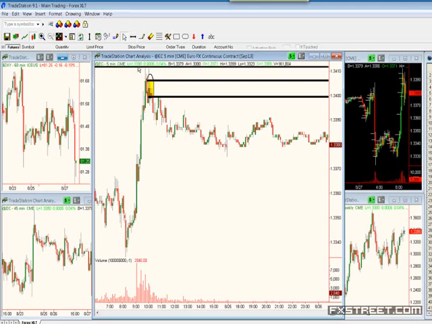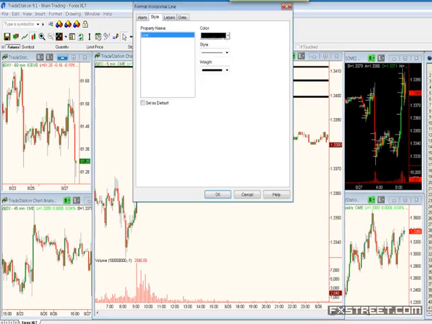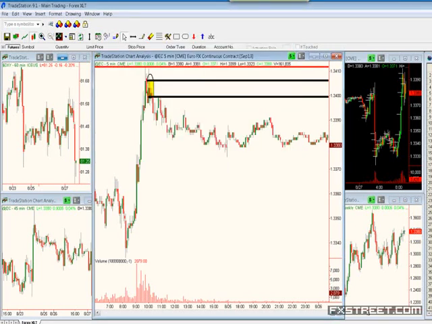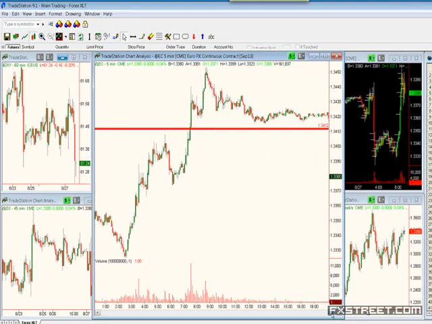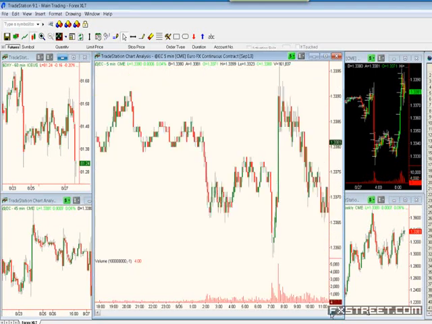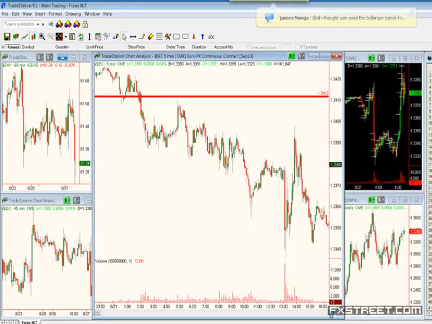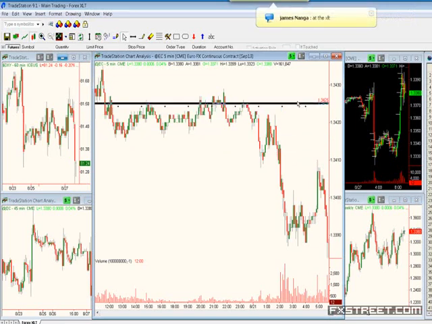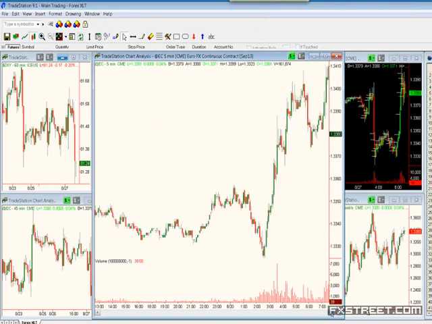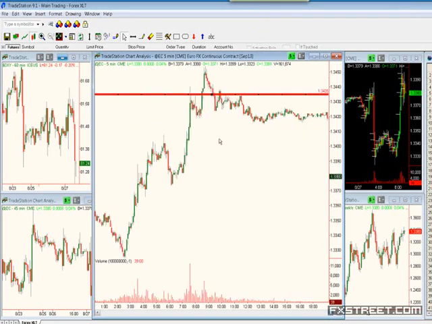Put a horizontal line there to make it red so I can recognize it. There it is. Into that area. Not fresh, not fresh. Go to that high. No, yeah, I have to go higher.